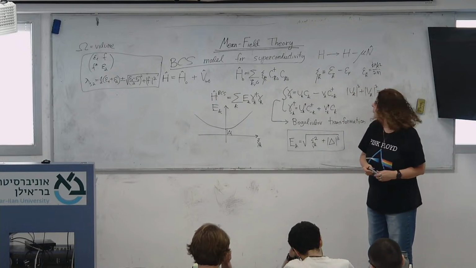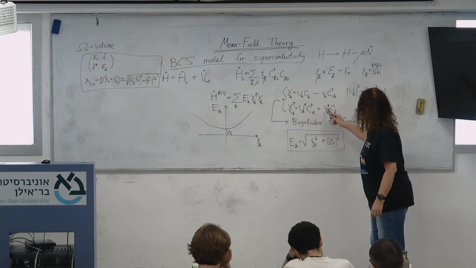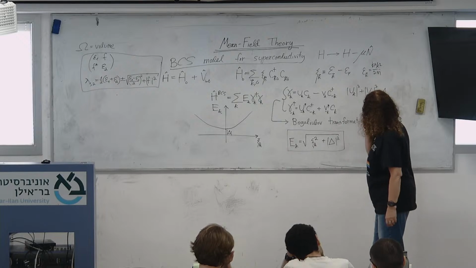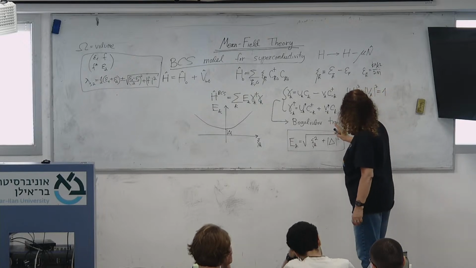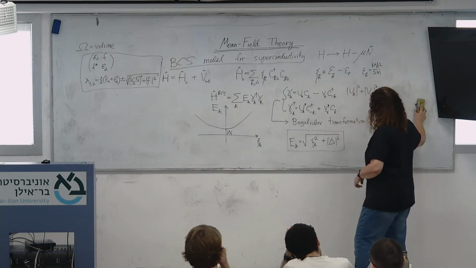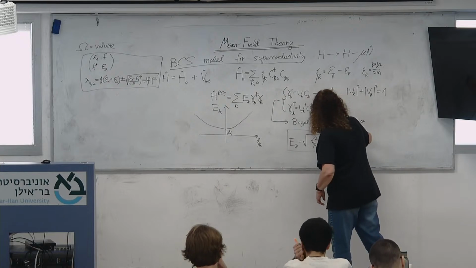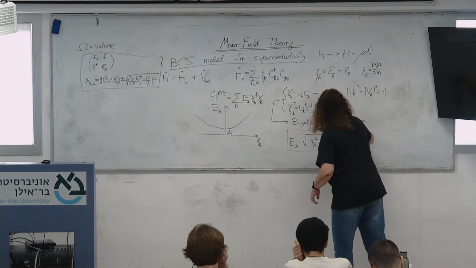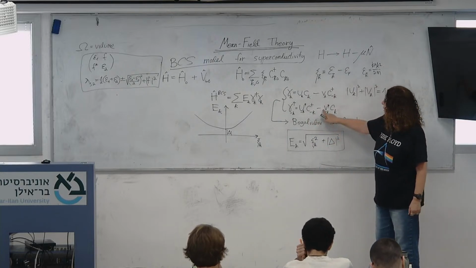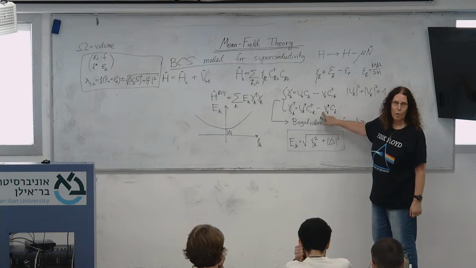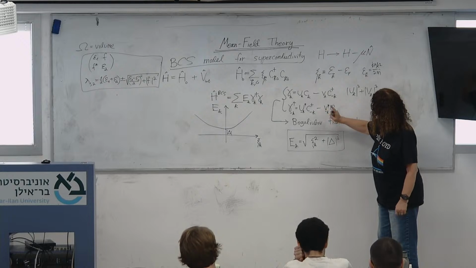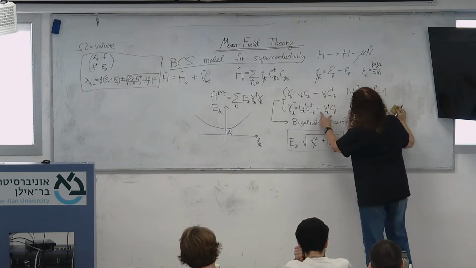Why is it plus in gamma dagger? Sorry, that's a good point. Actually, you're right, this is a minus, but the symmetry of the transformation is such that plus or minus is okay.